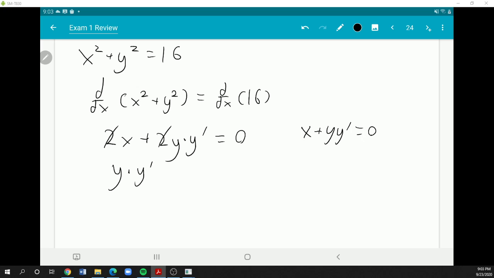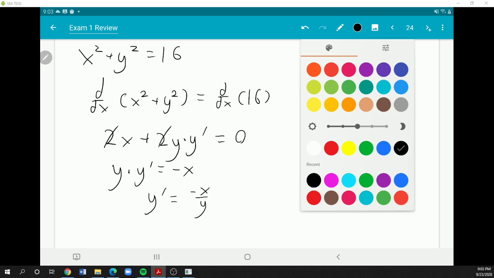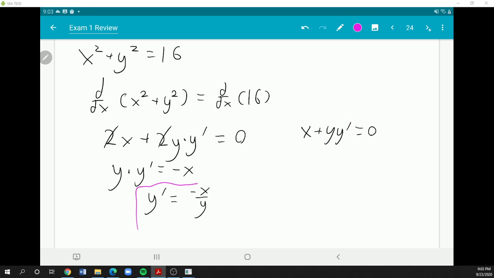Y times y prime is minus x, or y prime is equal to minus x over y. And that's our final answer for this problem. We've gone ahead and solved for y prime, and we got there.